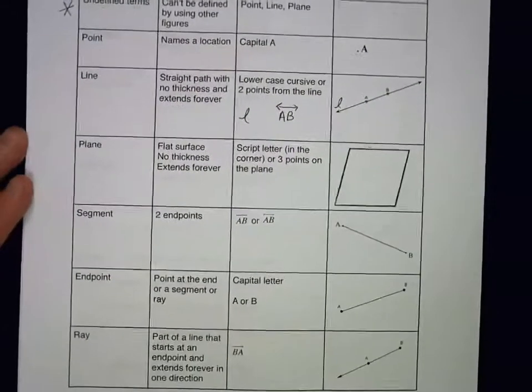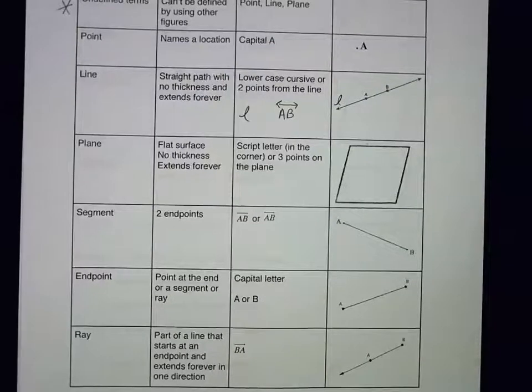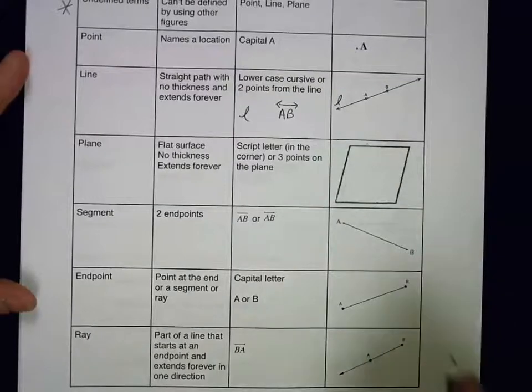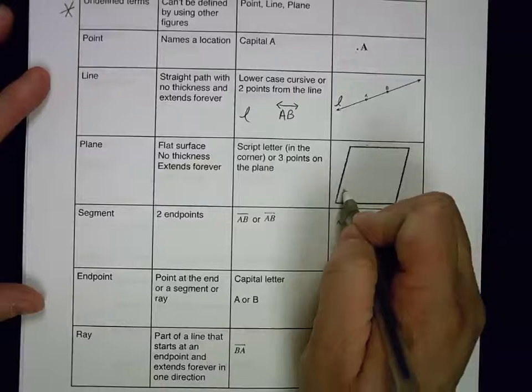A plane is a flat surface. It has no thickness and it extends forever. We use a script letter. It's usually in the corner, and I'm not very good at drawing these script letters.